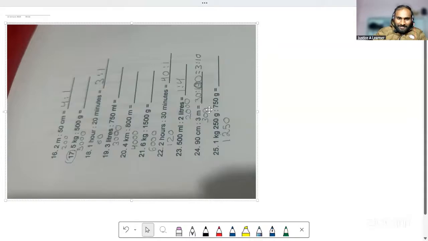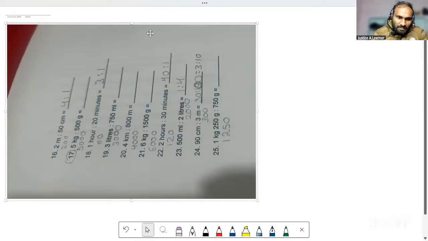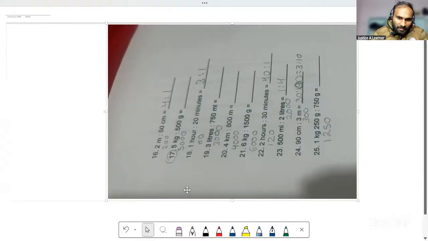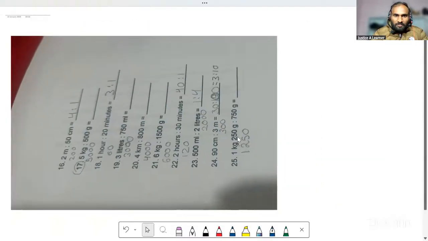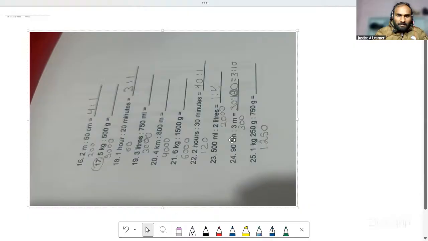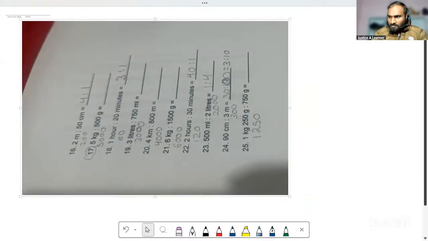Okay, so here you can see this. No, because it's not the right way. Can I have the pen? Wait. Let me just see if it can be rotated. How to rotate this? No, this has been shared in the same way. Okay, no problem. We'll be writing the question.